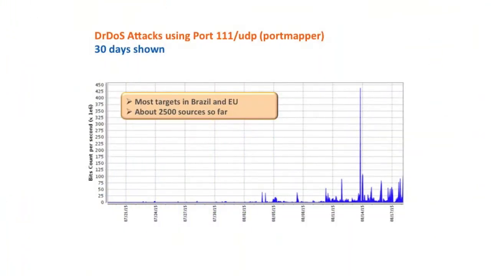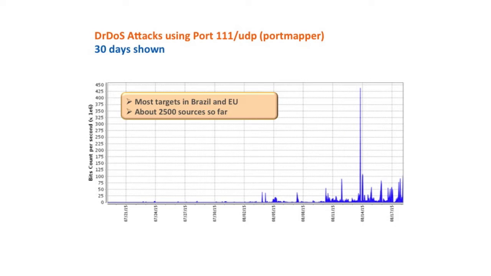Now, taking a look at it a little bit further, looking at the reflection activity, basically the amount of bits coming from port 111 UDP, we see targets in Brazil predominantly, and a few different countries in Europe. Looking at the number of sources that appear to be responding, we see on the order of a few thousand sources so far.